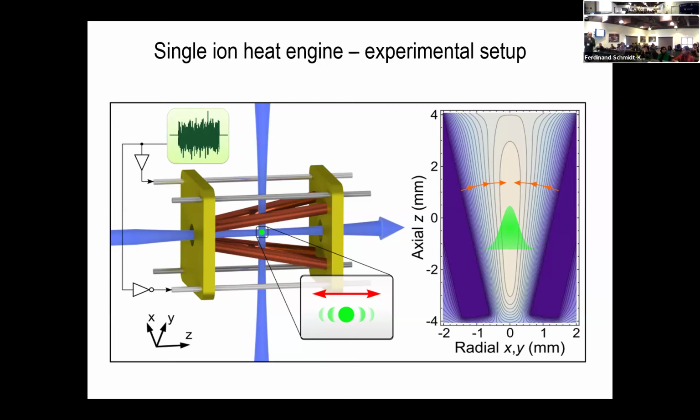Was your noise thermal noise with an effective temperature? That comes in a moment, the temperature, yeah. So the cooling is done by laser light, and the heating is done by periodically switching on noise, and we do this really on these electrodes in order to heat only one radial mode.